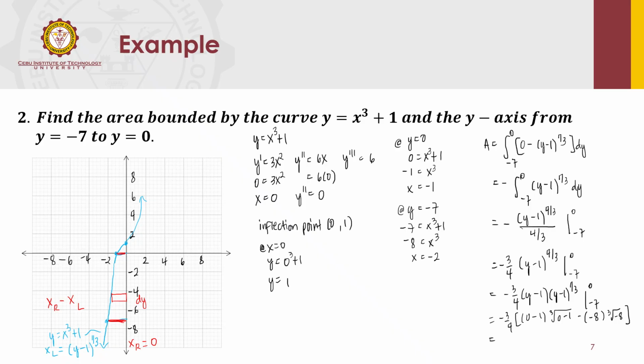So negative 3/4 times, this is negative 1 times negative 1, so that's positive 1. And then we have cube root of negative 8 is negative 2 times negative 8, so that's positive 16. And then with the negative sign, so negative 16.